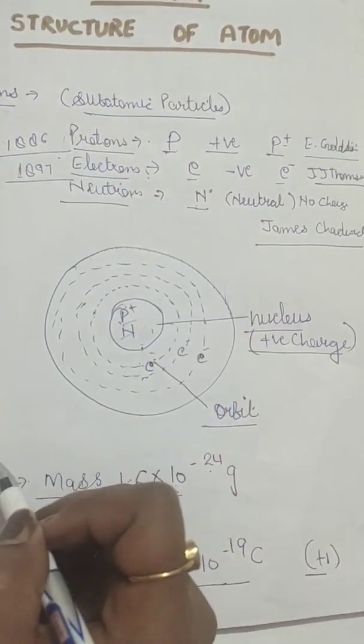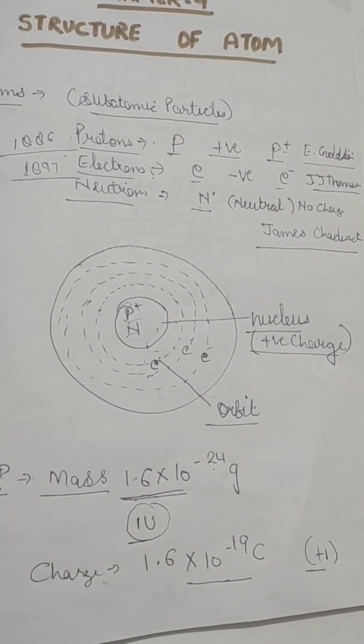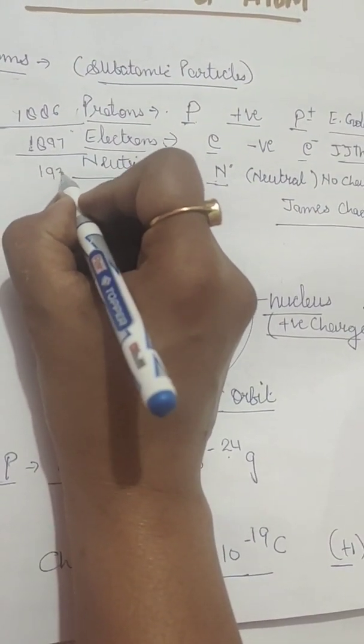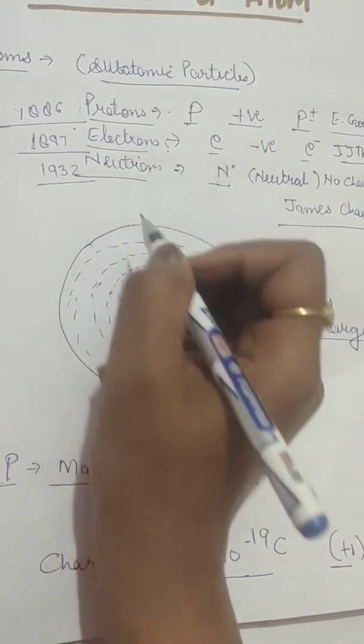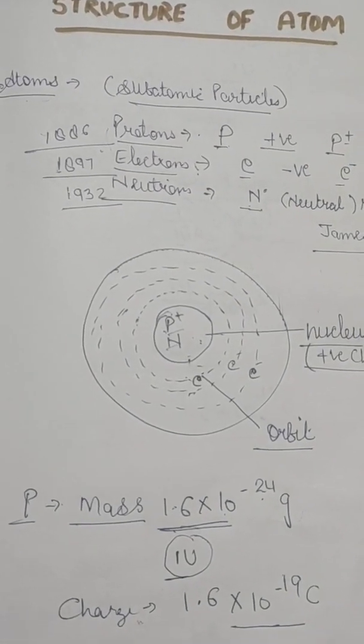Sir J.J. Thomson did this, and the discovery of the neutron was done in 1932, or it can be a little different, like 1 or 2 years in different books. If you see your NCERT book, maybe it will be different.